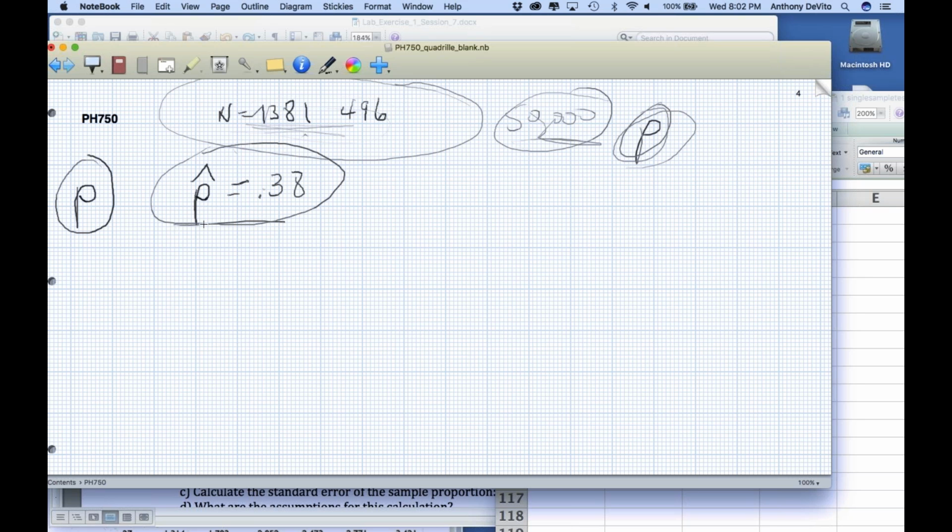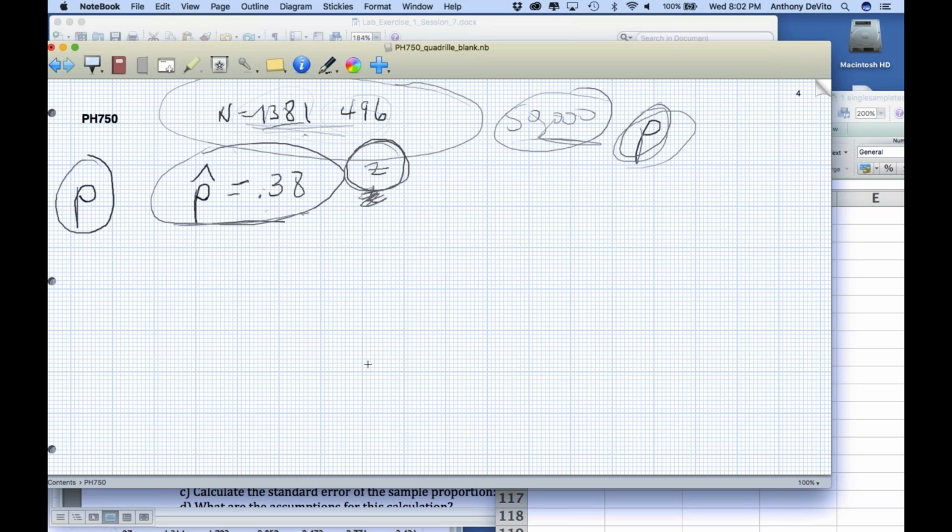So this is what I'm starting with. That's my sample proportion. In order to calculate a confidence interval, number one, I have to decide whether I'm using Z or T. Well, when we work with proportions, we're generally working with very large samples. So this is a very large sample, and I'm going to say we have enough confidence to work with Z rather than worry about the sample size.